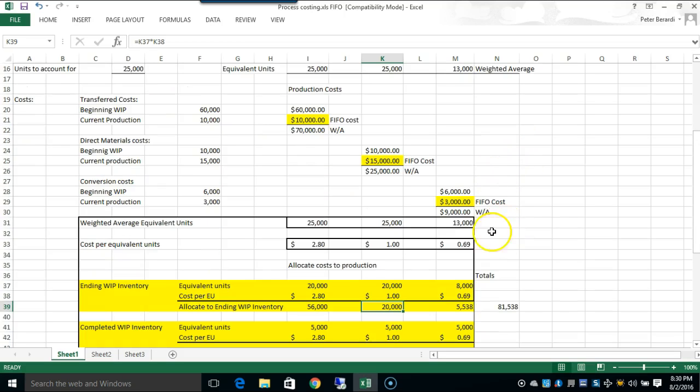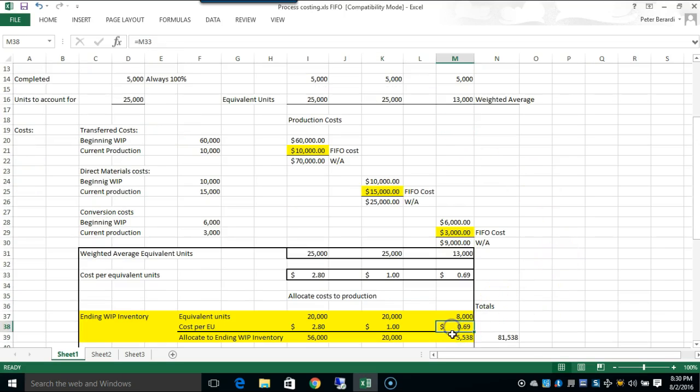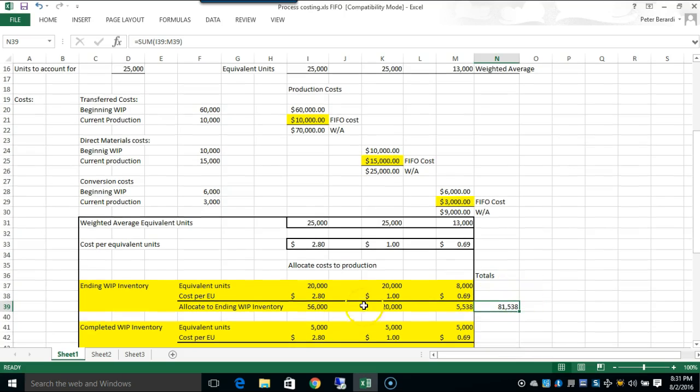Your conversion costs, ending WIP, 8,000 times 69 cents is 5,538. The sum of your ending WIP inventory allocation, using the weighted average method, is $81,538.